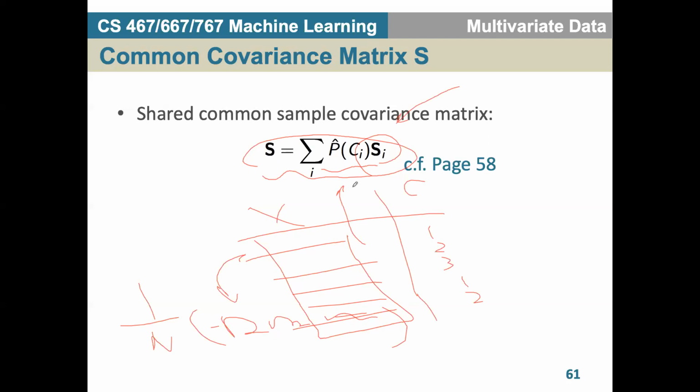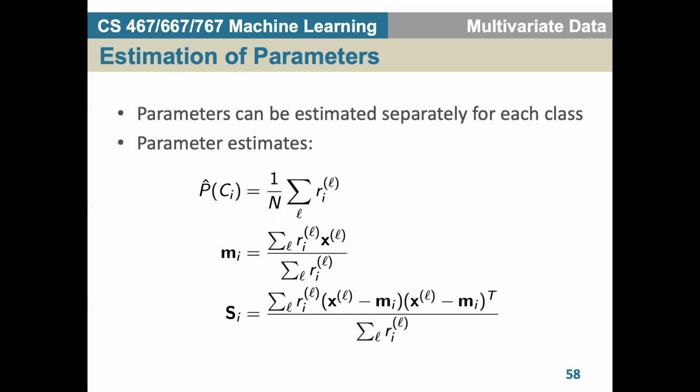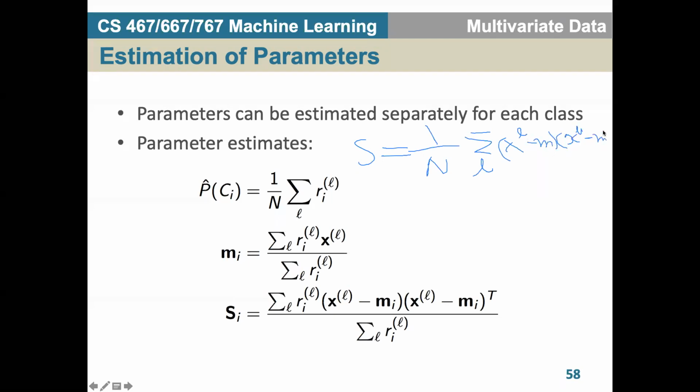Let's go back to a prior page. Right, let's go to here. So we just talked about how we want the overall S. Overall S should be equal to 1 over N, sum over l, of (x_l minus mu)(x_l minus mu) transpose.